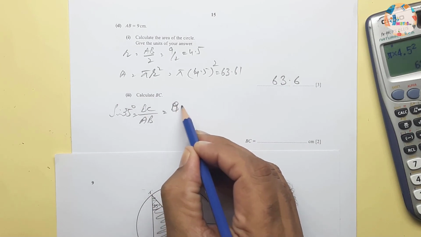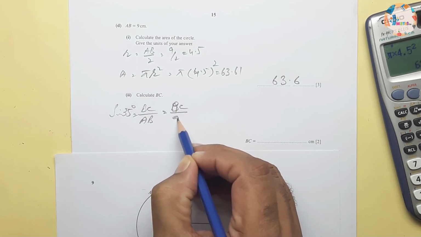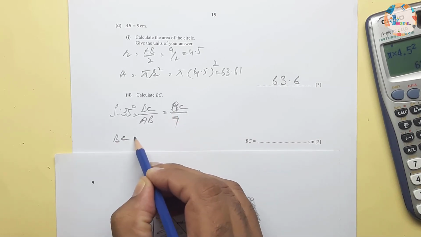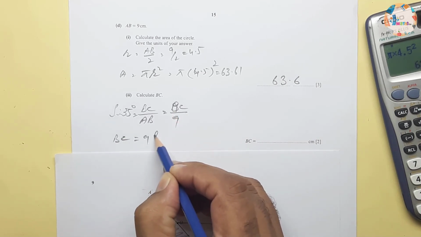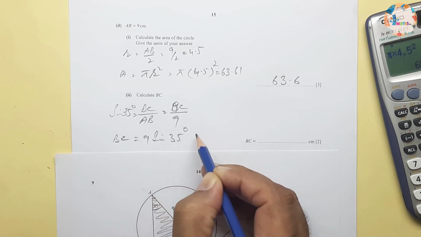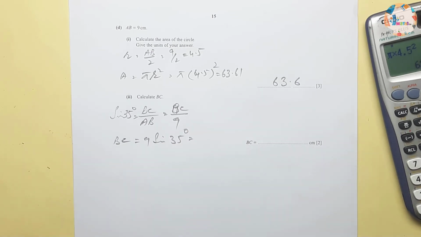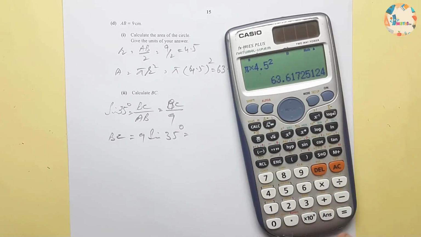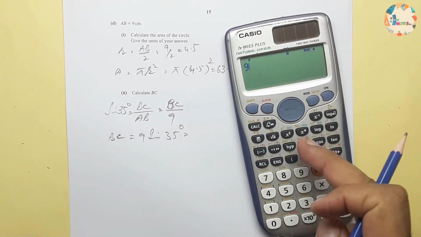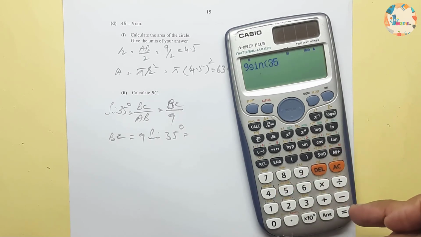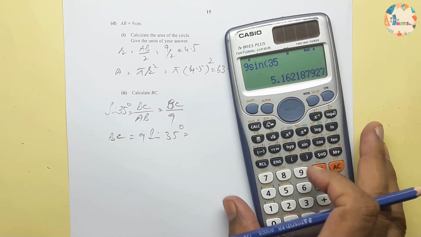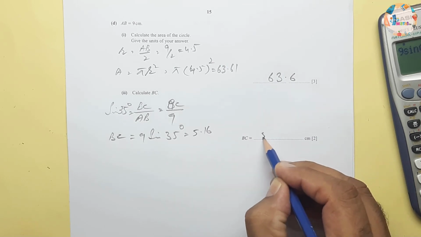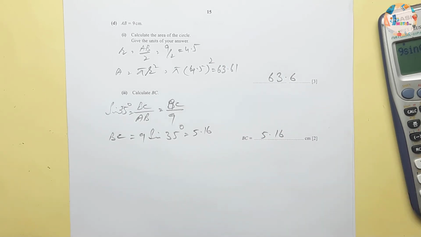BC we have to calculate, AB we know as 9, so we can write BC is equal to 9 sine 35 degrees, and this will be equal to 5.16. So we can write 5.16 centimeters.